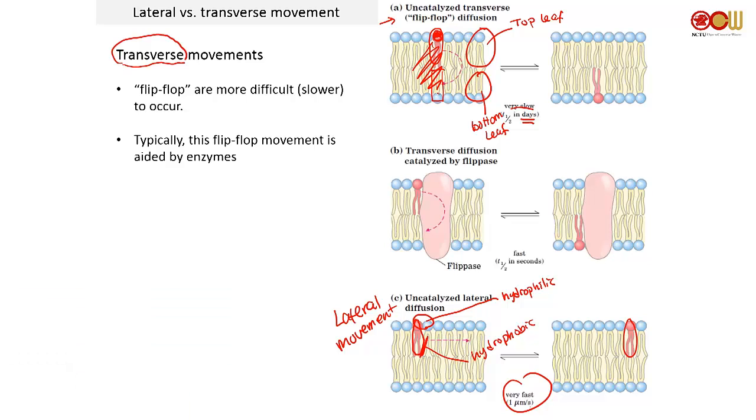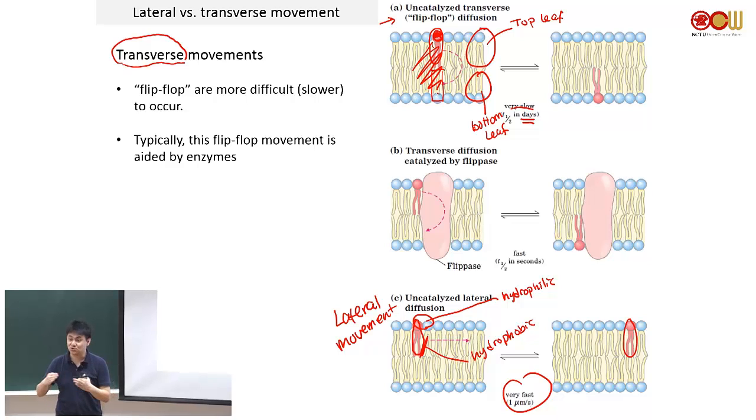So there are going to be times that you want this to happen. Why? For example, let's say this is inside and that's outside. Remember, maybe last week, we saw something about lipid distribution, the bottom leaf and the top leaf of different cell membranes.